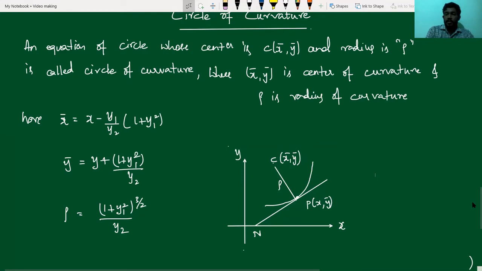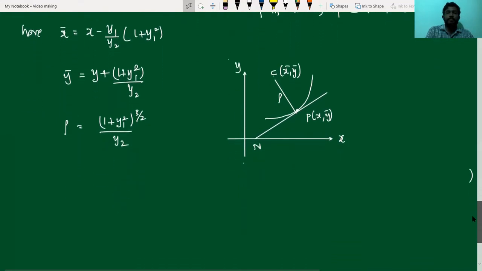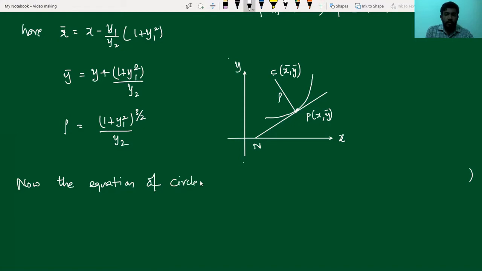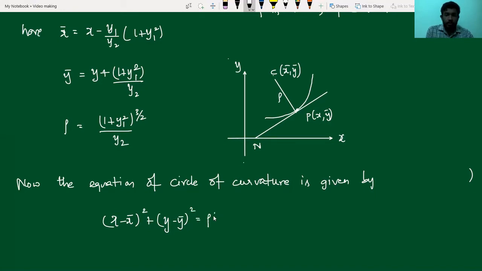So now the equation of circle of curvature is given by x minus x bar whole square plus y minus y bar whole square is equal to rho square.